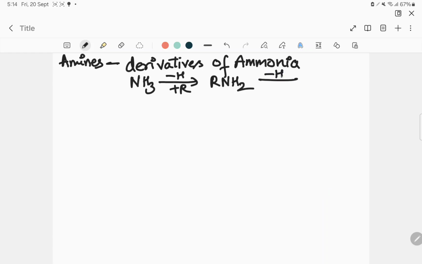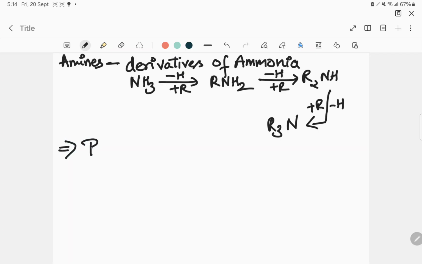Again minus H plus R gives R2NH, secondary, and then again minus H plus R gives tertiary amine R3N, or it can also give quaternary salts. That is why they are known as derivatives of ammonia.